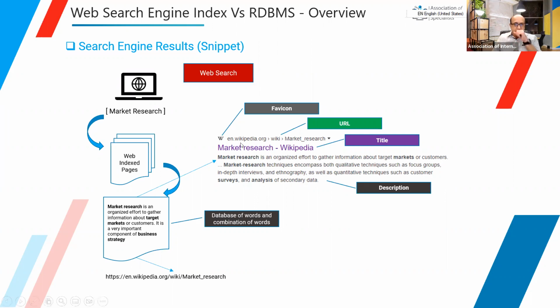I'm sure you've heard of snippets. Snippets are all these small pieces of information that come in sets of 3 basically and are presented, and each of these is called a snippet.